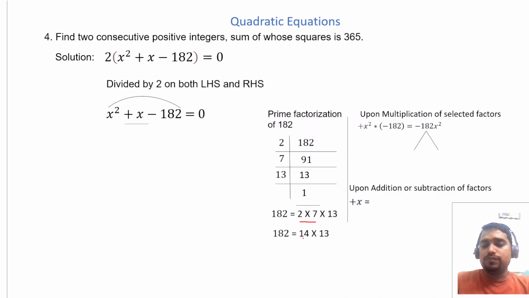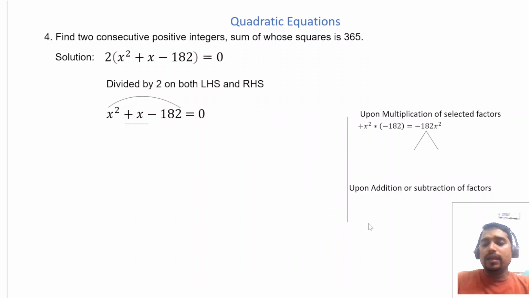If I take plus 14 minus 13, then the answer would be 1, or 14x with plus and 13x with minus would give us plus x. Similarly, in order to get minus 182 x square, multiply plus 14x and minus 13x. Plus into minus is minus. 14 13s are 182. x into x is x square. Now we see that both the conditions are satisfied.